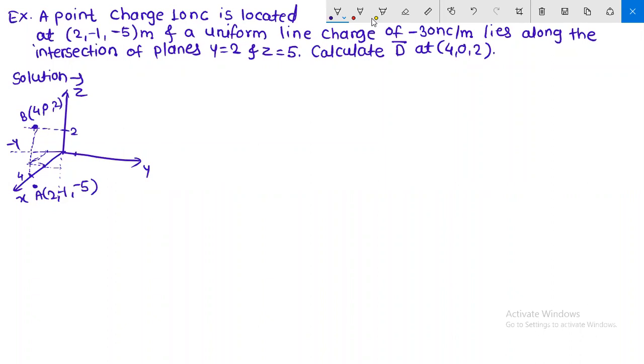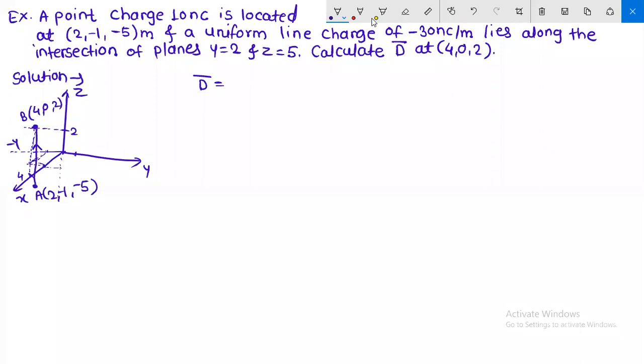Now we have to find this D bar at point (4, 0, 2). Therefore connect these two points A and B and the direction will be towards B. So this D bar is equal to, what is the formula for D bar due to a point charge?